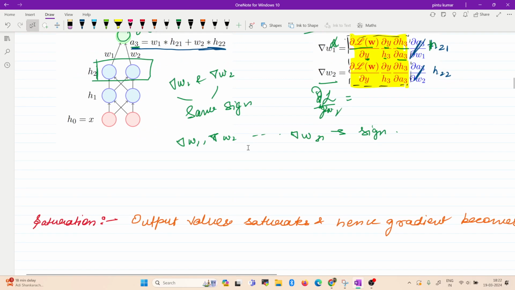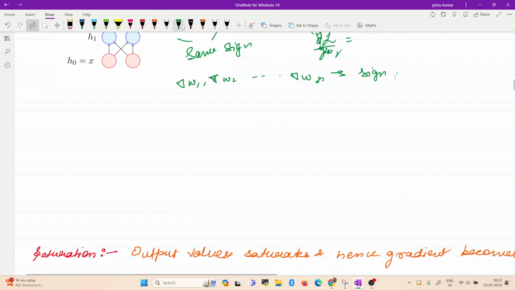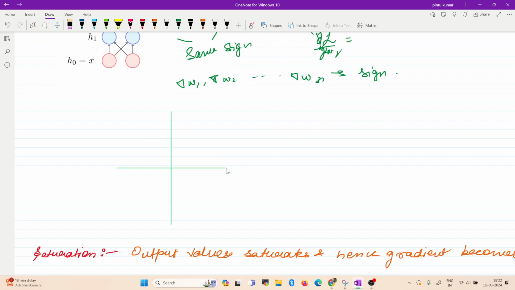So for example, let's say I have centered this graph at point x comma y. This is the current value of your weight, and you want to move to an optimal point. Then the only possible choice where you can move is in this direction and this direction.